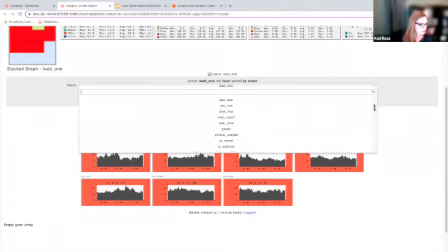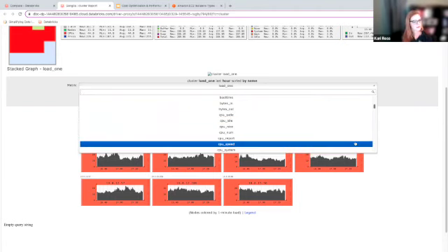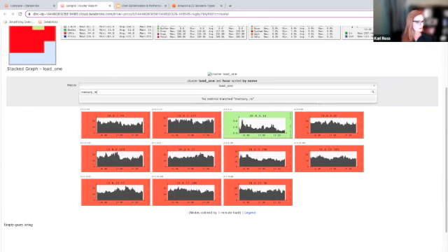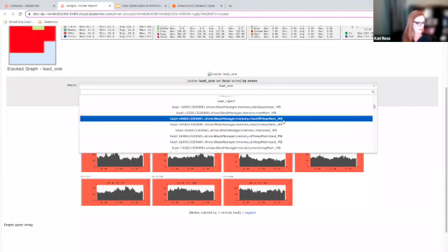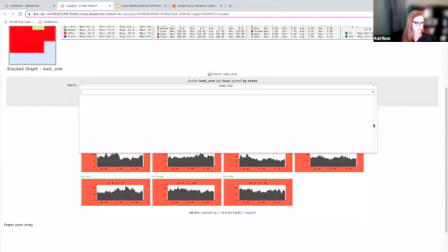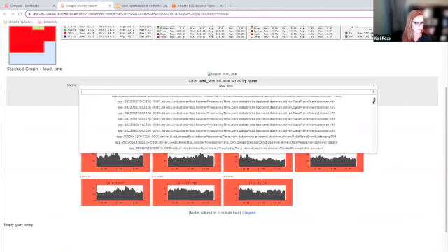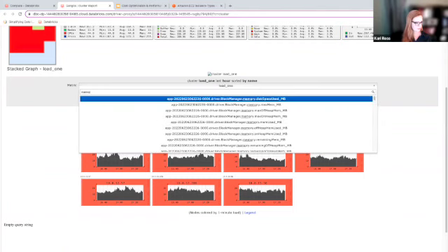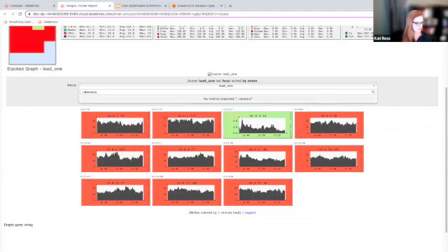You can scroll here, which is a little bit tough, but we can change the different things. I'm trying to get my memory report and I can't remember the name of it.